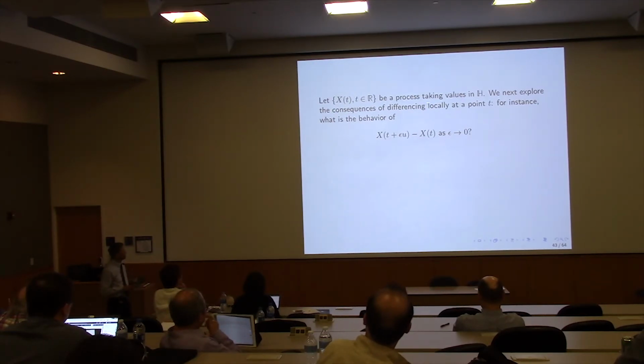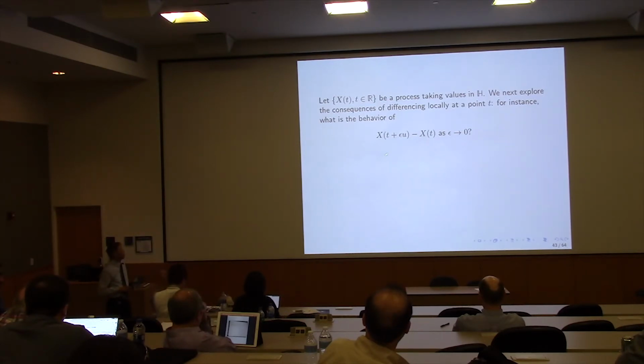So let's consider a process X_t. Again, for every t, X_t is an element of a function space. Here I want to explore what happens when we conduct differencing locally at a point t. So let's fix t and see what happens as epsilon goes to 0.